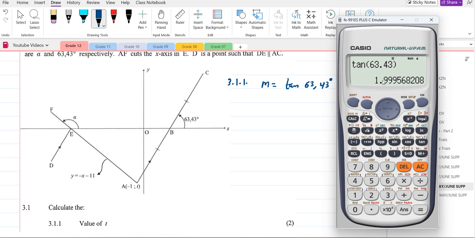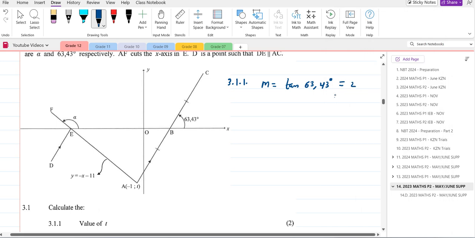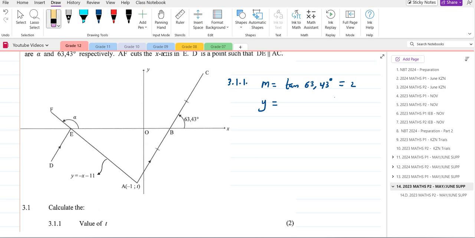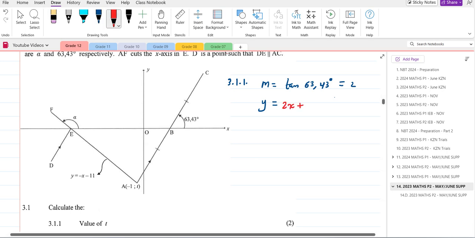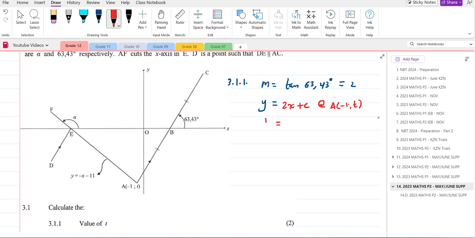Right, so I'm getting an answer of 1,999, so that's approximately 2. So I've got y equals 2x plus c at A, which is -1 and t. Okay, so we're going to substitute, my y value is t. 2 times -1 is -2.